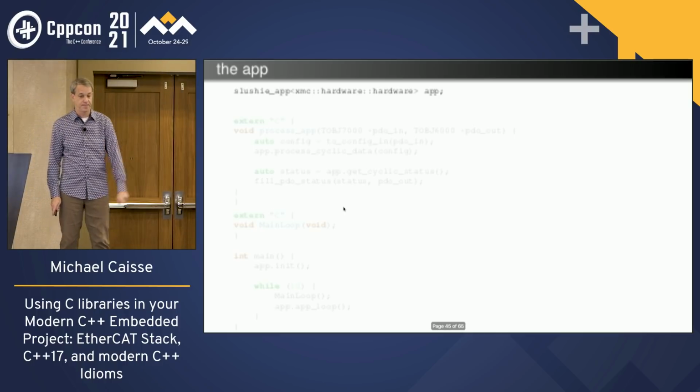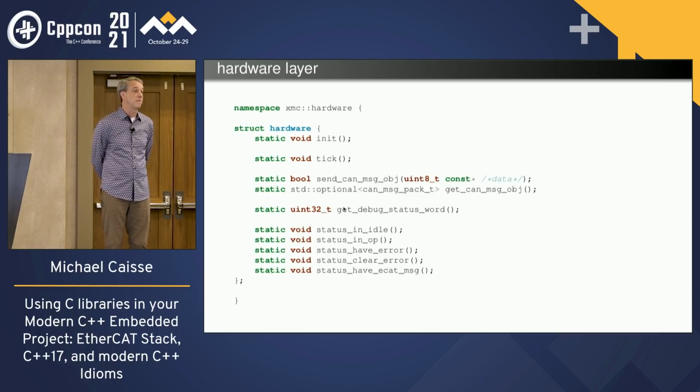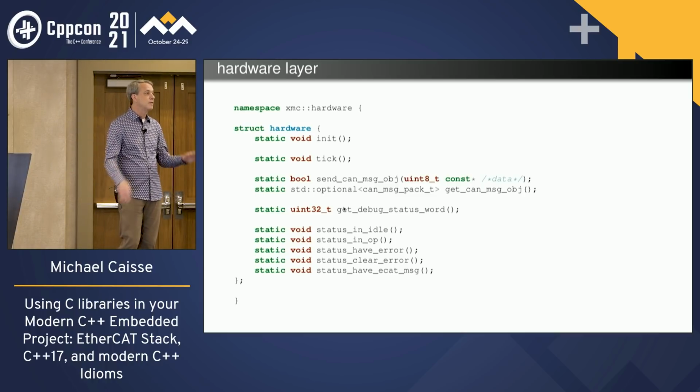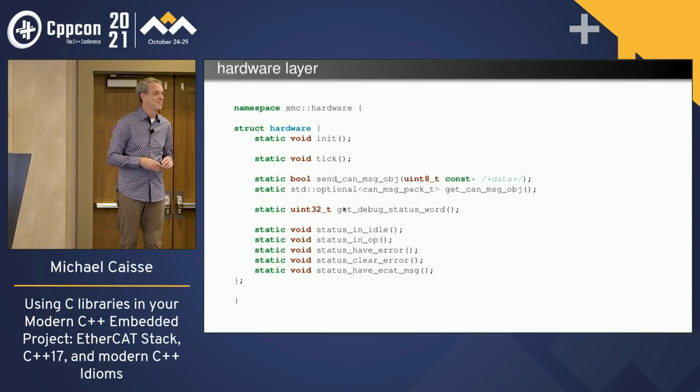Yes? Will the abstraction of the hardware vary a lot from app to app or problem to problem, depending on how you are using the hardware? Well, yes, this is actually a great question. The abstraction of the hardware varies based upon the problem I'm solving, right?